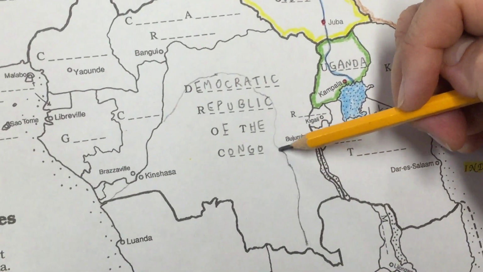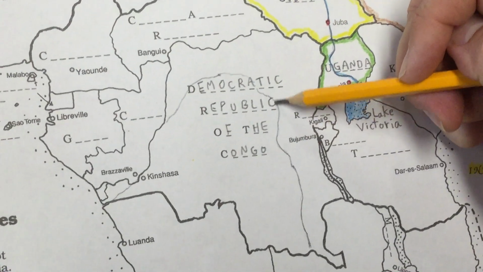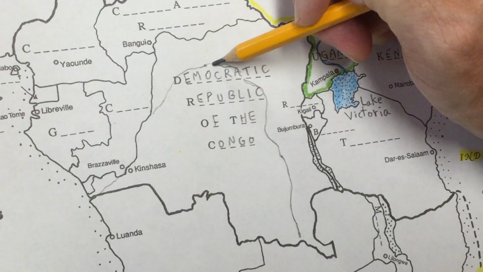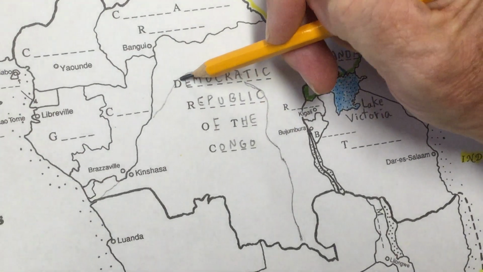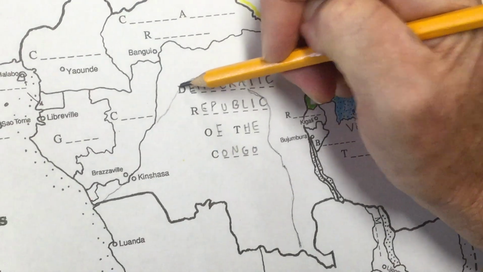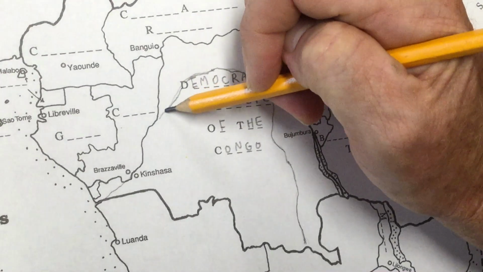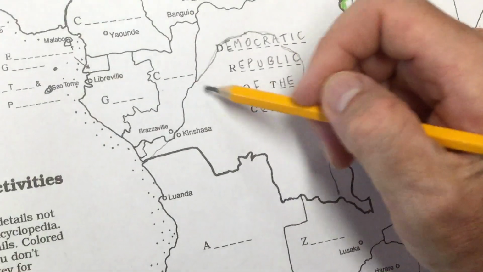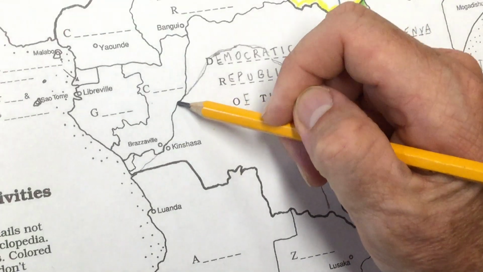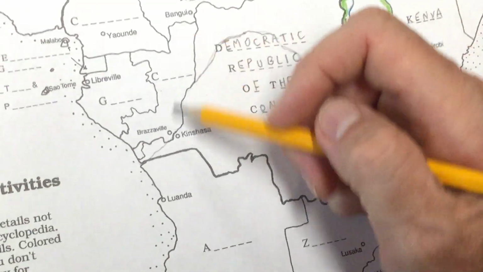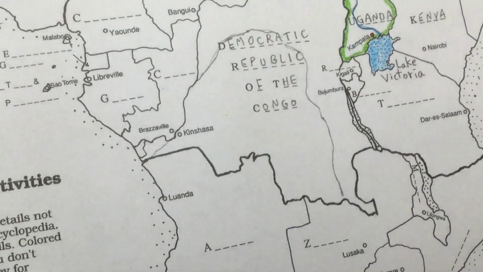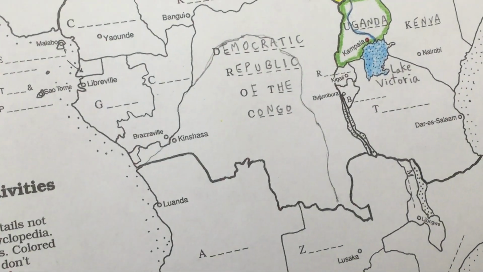It comes up like this, and then it joins the boundary line between these two countries. So follow that line right down to Kinshasa, which is the capital.